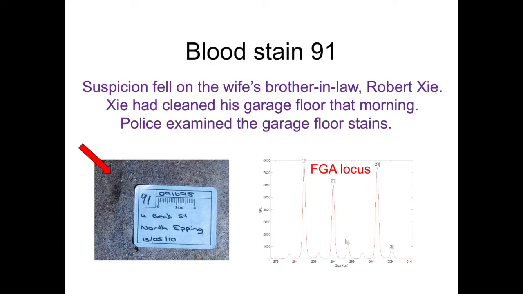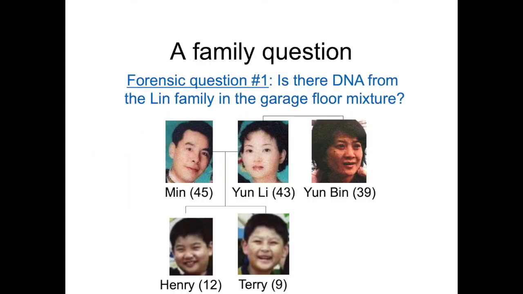Here we see the Lin family, the 5 victims. The father, Min, age 45, and his wife, Yun Lee, age 43, and to the right, her sister, Yun Bin, age 39. On the bottom row, we see the 2 children, sons Henry, age 12, and Terry, age 9. The forensic question is: is there DNA from the Lin family members in the garage floor mixture at Z's house?